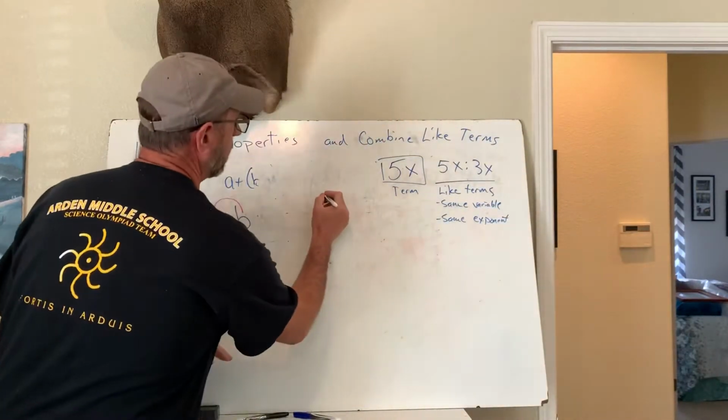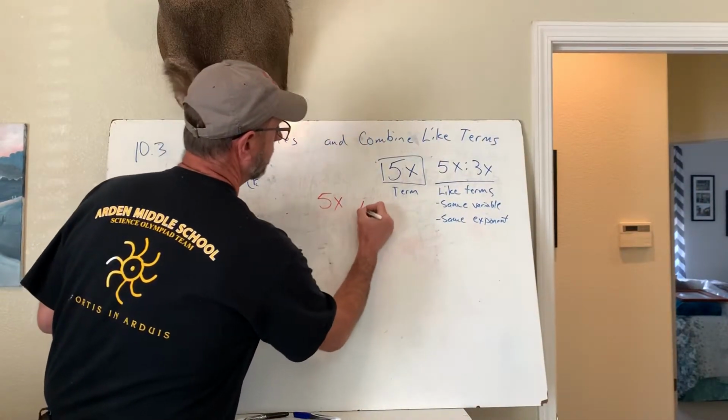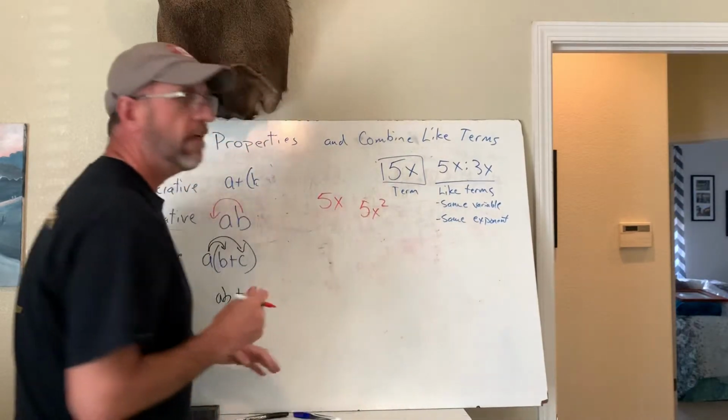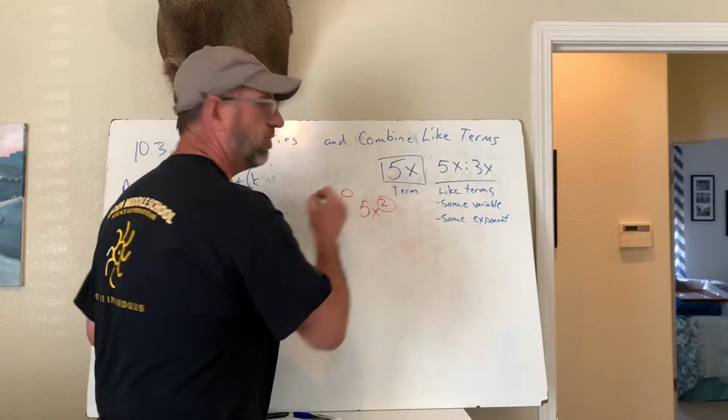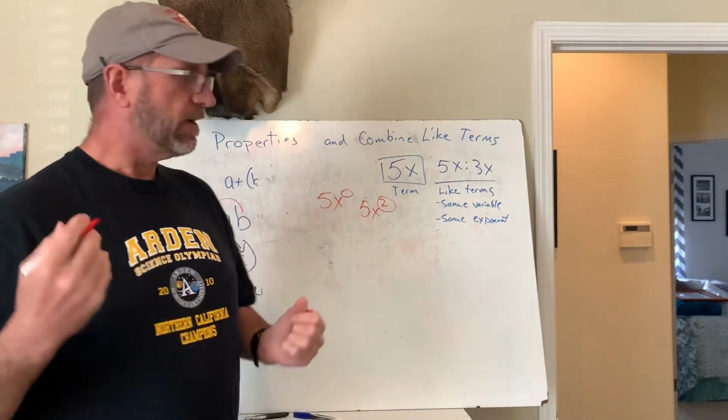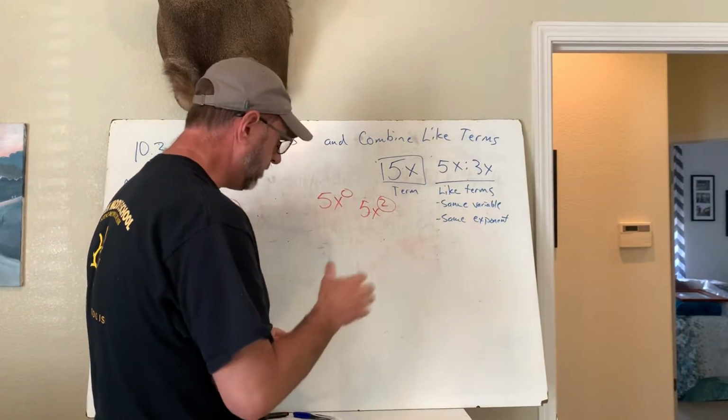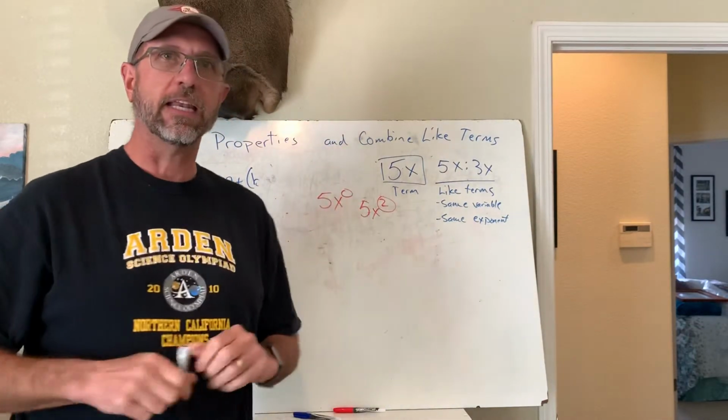So 5x and 5x squared are not like terms because the exponents are different. But now, when we look at a problem, we're going to be combining like terms.